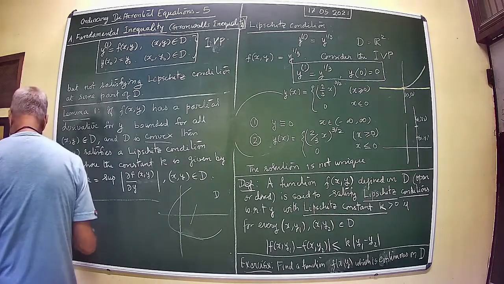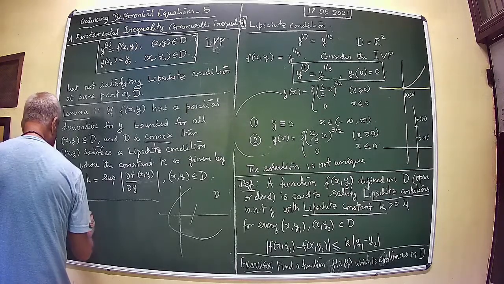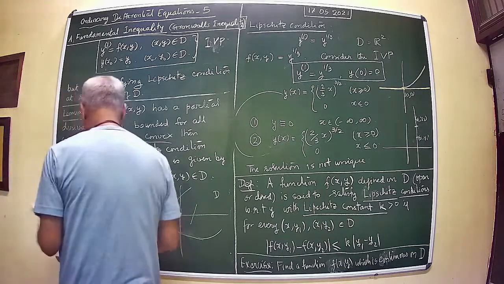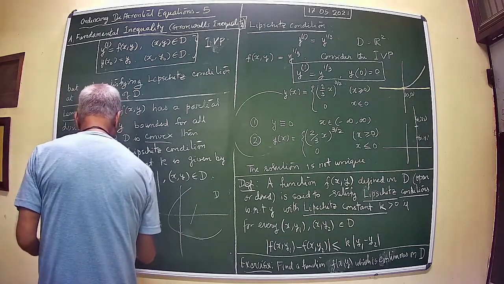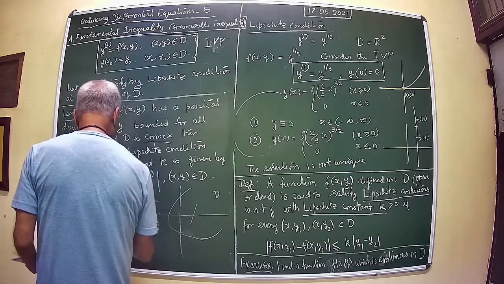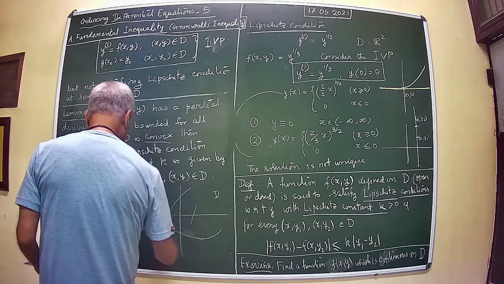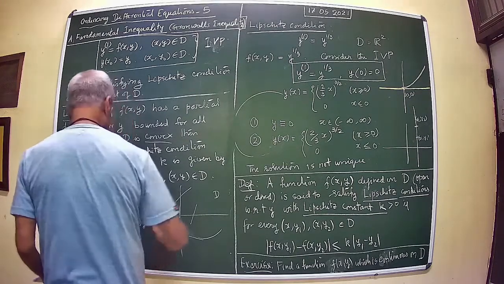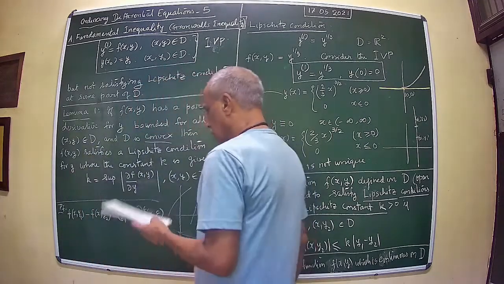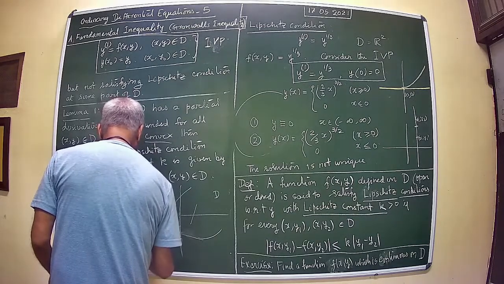You have, by mean value theorem, f of (x, y1) minus f of (x, y2) is equal to the partial derivative at (x, xi), times y1 minus y2, where xi lies between y1 and y2.